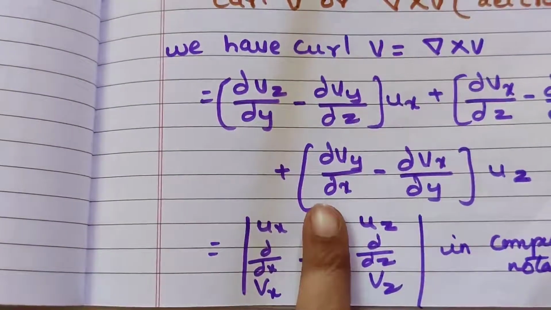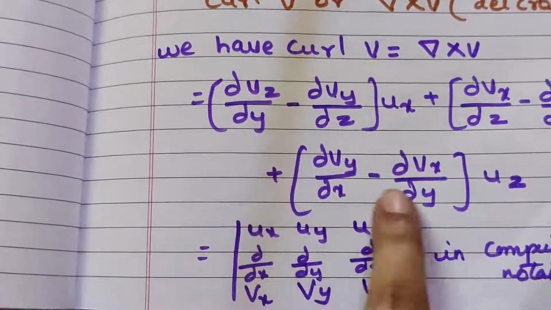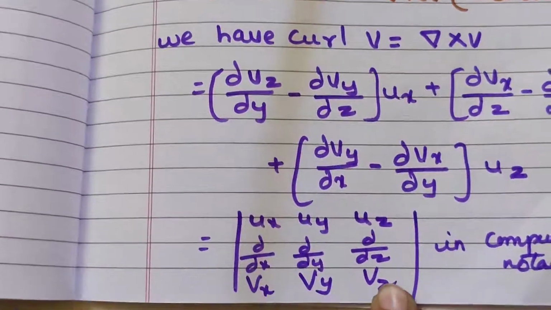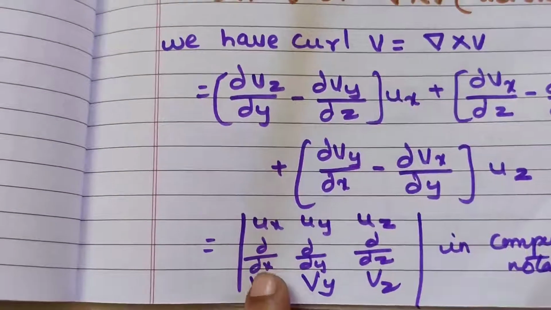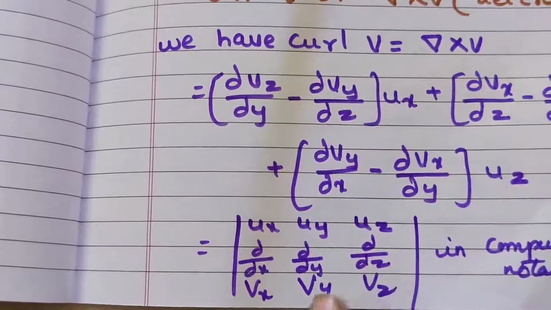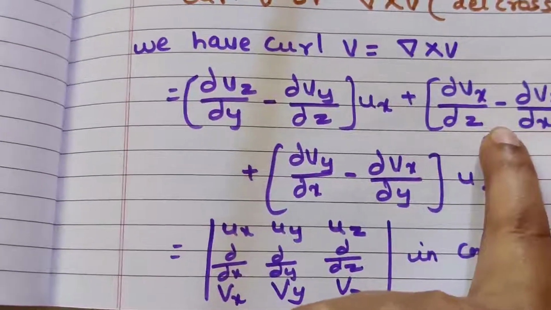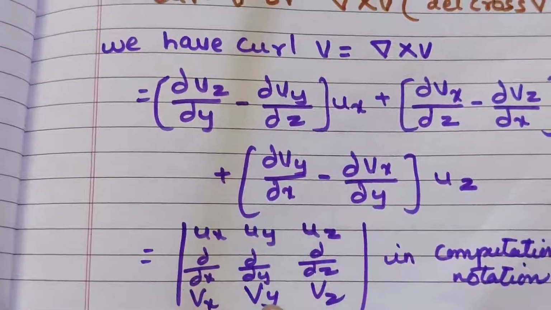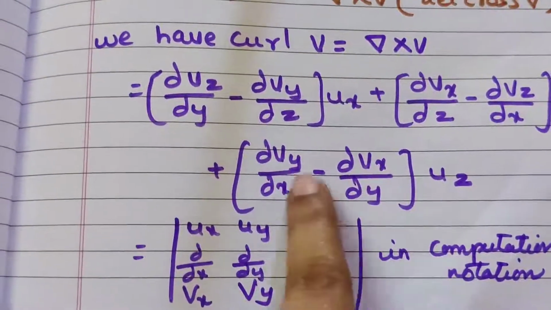Again, if you want this one, consider these two, and the other value will be gone. Cross multiplying like in a matrix, you get ∂vx/∂z minus ∂vz/∂x. That is what you got here. Again for this one, cross multiply and you will get this.